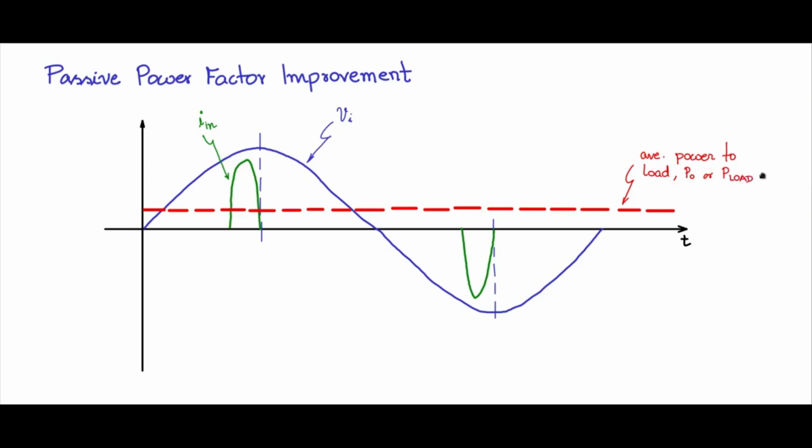Now to deliver the same average power, the same P0, if we had a pure resistive load, how will the current look like? Resistive load, the current will be like this. Now observe that the peak is much reduced compared to this.